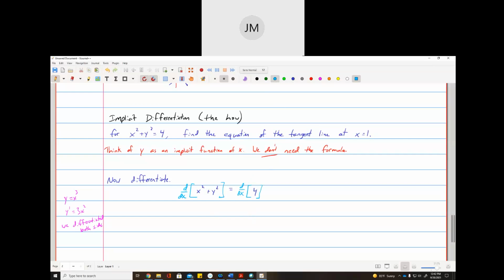Well, my derivative rules say you can break up derivatives over addition. So I'm going to write those as 2 separate derivatives, right? So I have the derivative with respect to x of x squared plus the derivative with respect to x of y squared. And the derivative of a constant by itself is just 0, so I'll just write that here. The derivative of x squared I also know. That's easy, no problem. X is my variable. When I take the derivative of x squared, I get 2x.